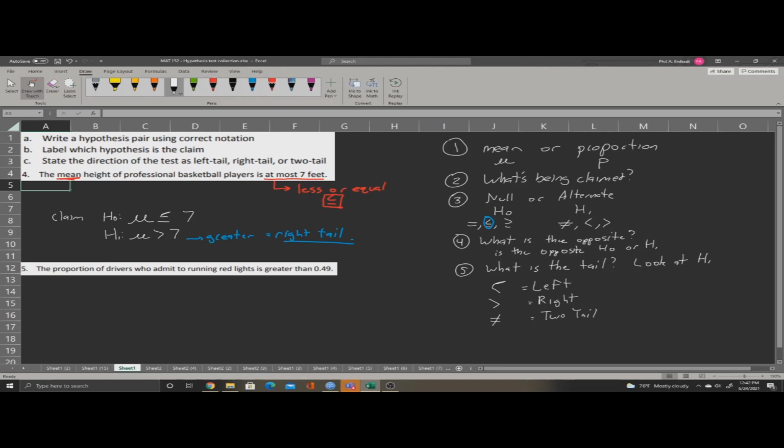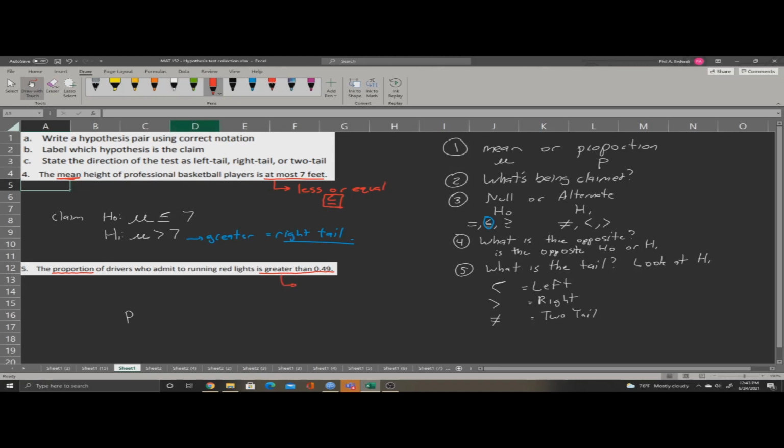Let's follow the same procedure for problem 5. The proportion of drivers who admit to running red lights is greater than 0.49. Step 1, is this mean or proportion? The second word in the sentence talks about proportion, so that's a clue that this will be a proportion question, and we'll begin by writing P. We ask ourselves now what's being claimed. The claim was that the proportion of drivers running the red lights is greater than 0.49.